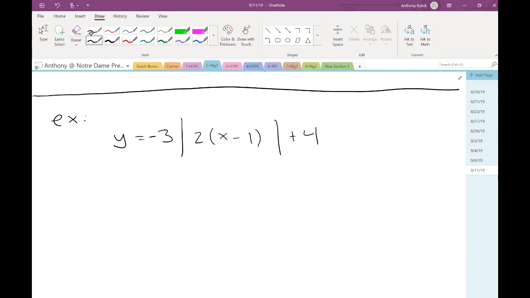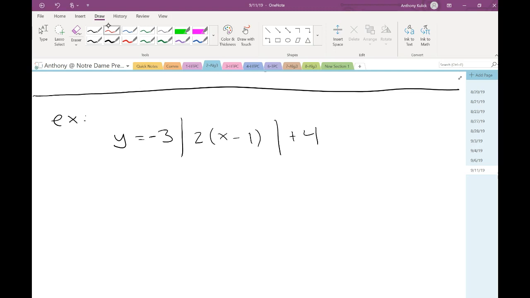So, one thing I would notice before I get too far into this: can I do any simplifying to this absolute value? You should say yes. What you should notice is inside the absolute value, I have two things multiplied together. I have 2, and I have multiplied to that an x minus 1.